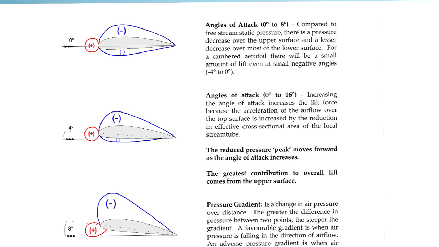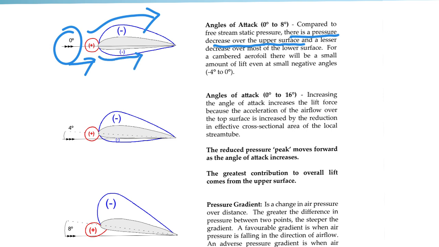What will happen if the angle of attack is 0 degree? Now at 0 degree, compared to the free stream static pressure, there is a pressure decrease over the upper surface. So there is a static pressure decrease over the upper surface and also at the lower surface.